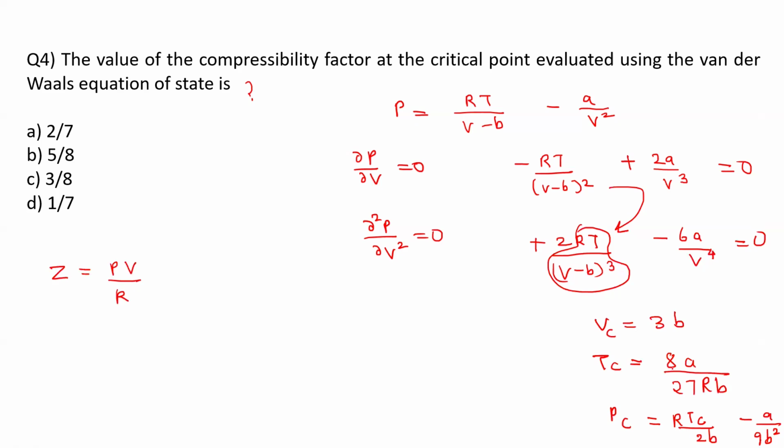When you substitute all these Pc, Vc and Tc in this equation, you will get (RTc/2b − a/9b²) into 3b by RTc, which equals 3/2 minus a by... just a minute.